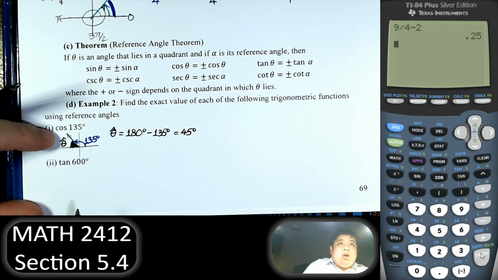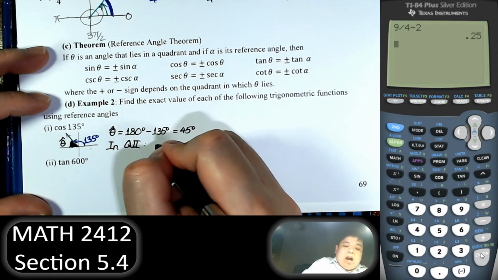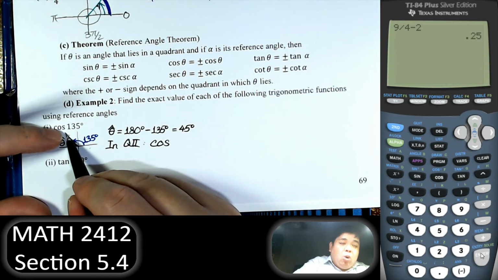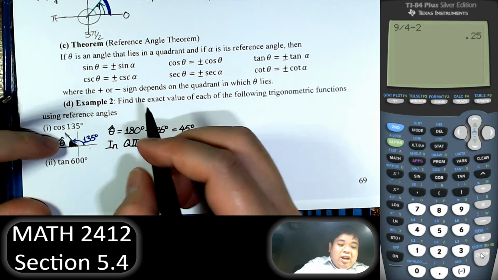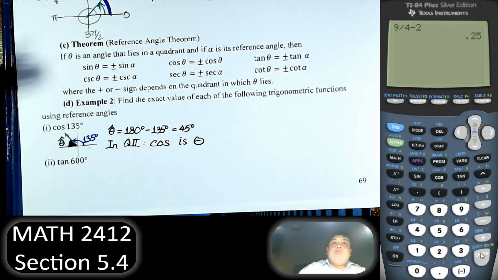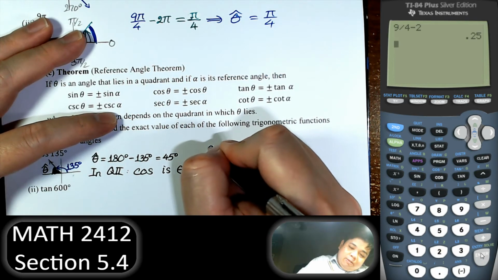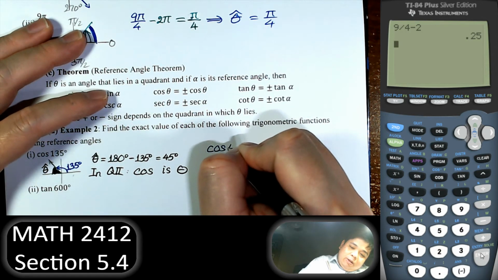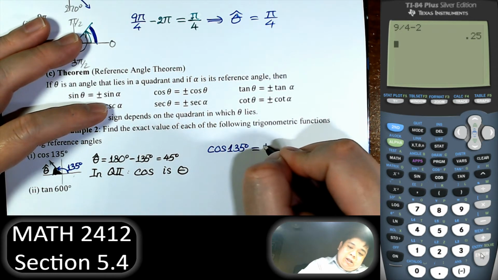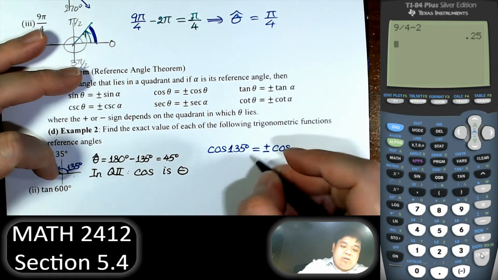Next, cosine is in quadrant 2. In quadrant 2, is cosine positive or negative? Cosine is x over r. X is negative here in quadrant 2, so cosine is negative. We start with cosine of 135 degrees. According to that theorem, it could be plus or minus cosine of the reference angle. Reference angle here is 45 degrees.